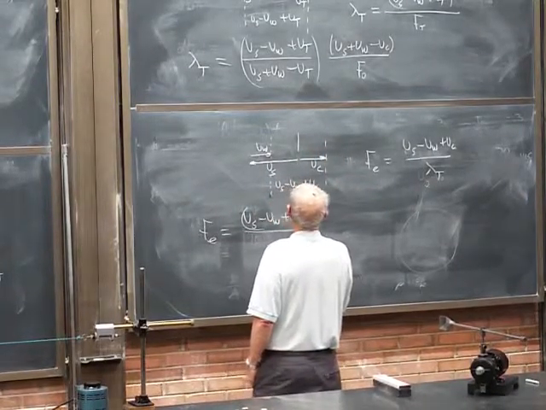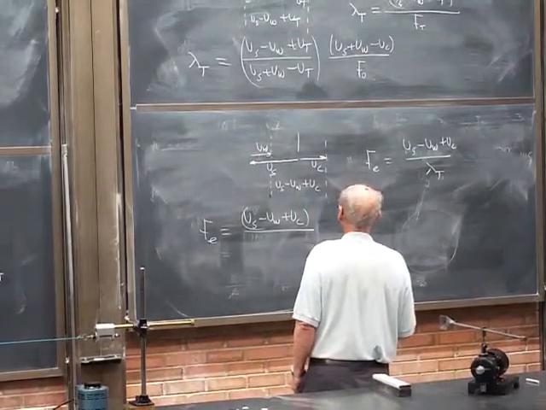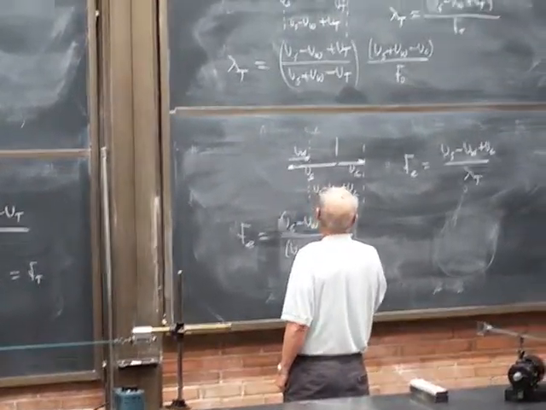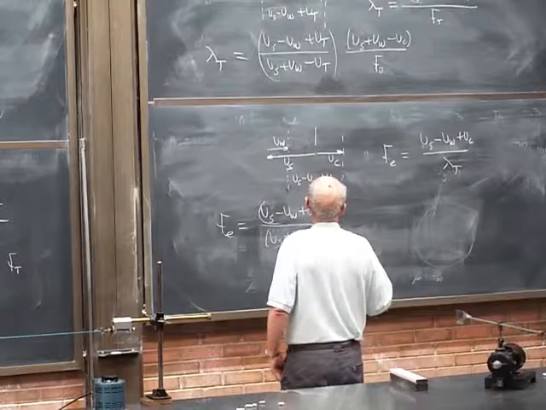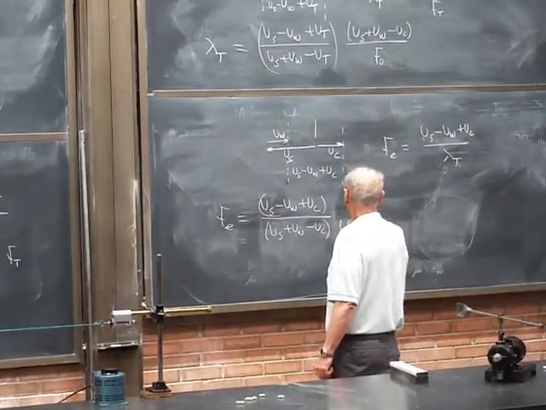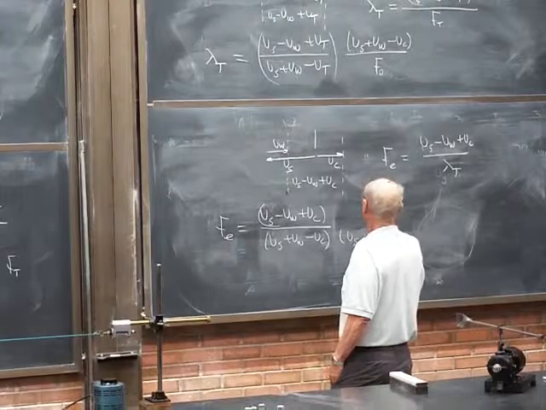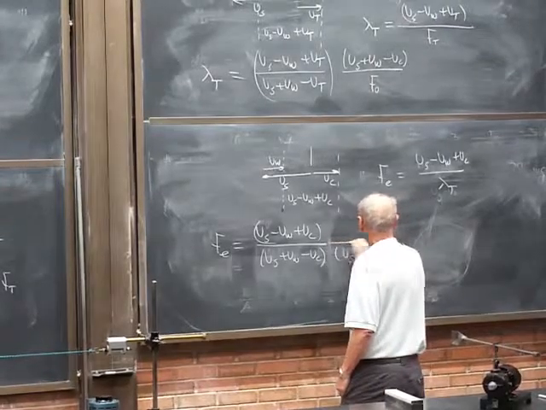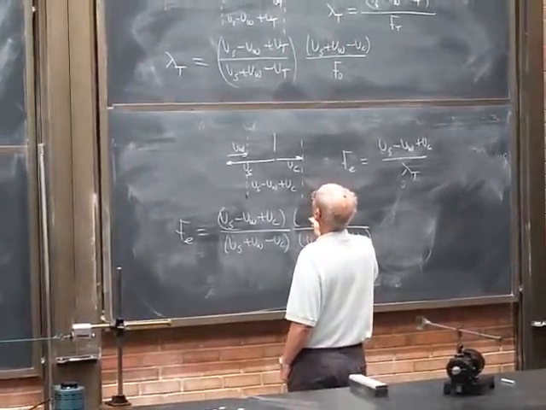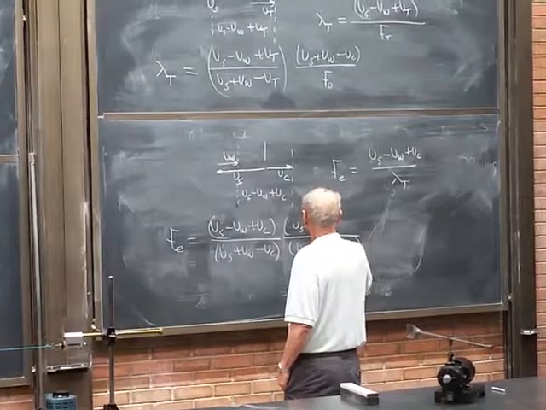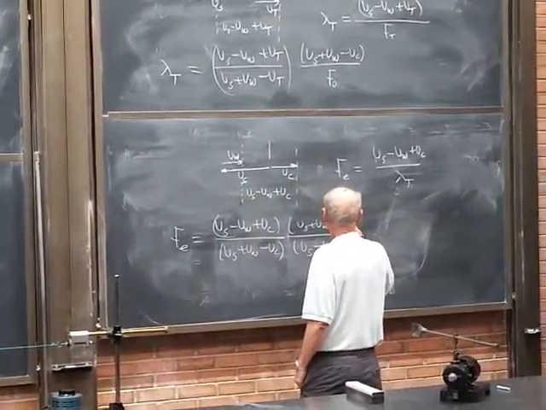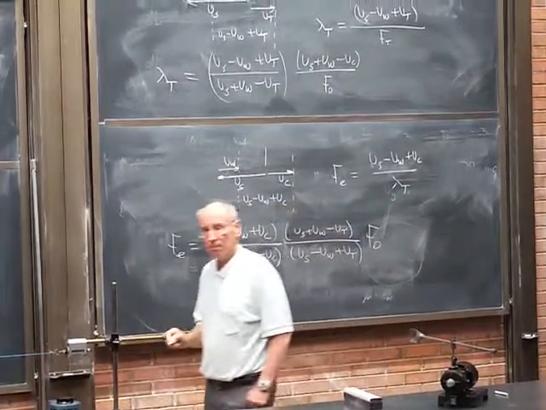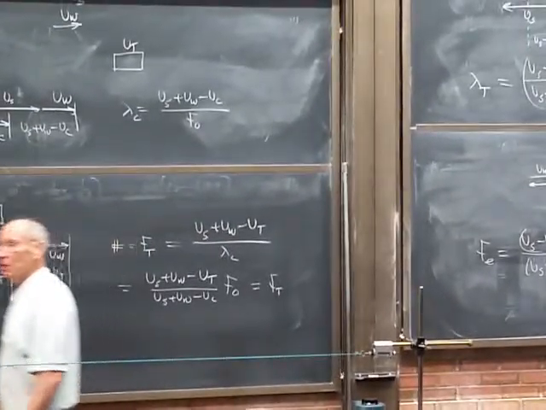And so we have Vs plus Vw minus Vc, and then we have Vs minus Vw plus Vt, and Vs plus Vw minus Vt, times F0. And so that'll be the frequency of the echo.